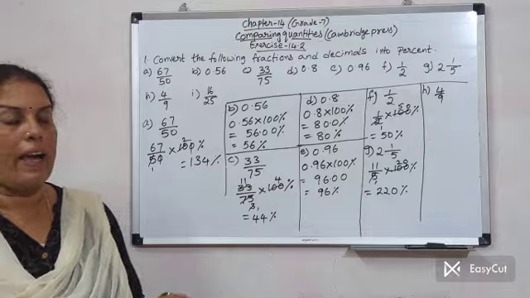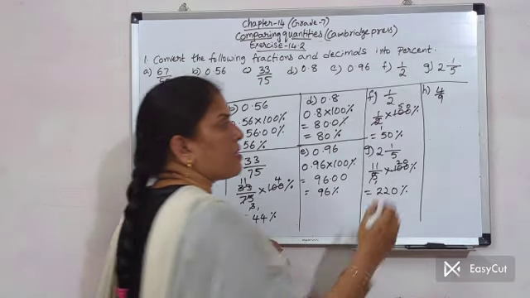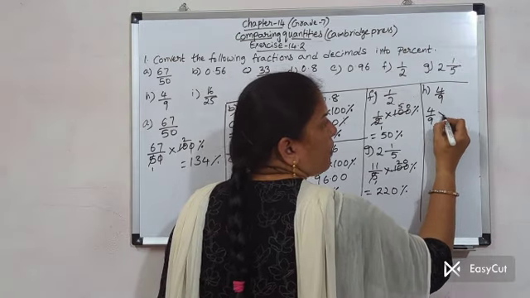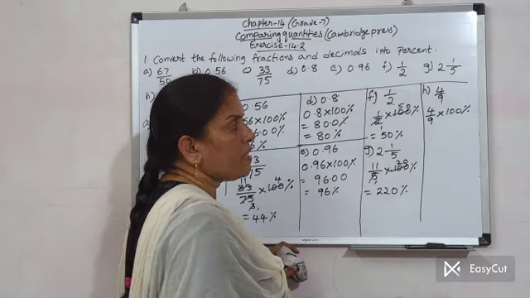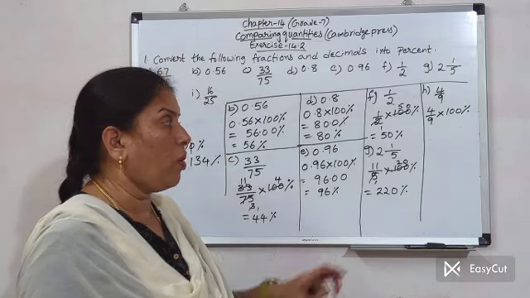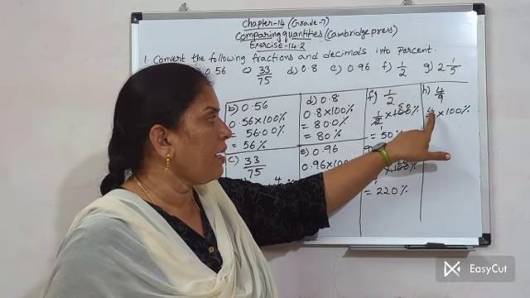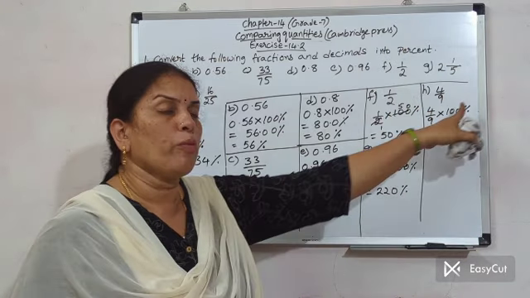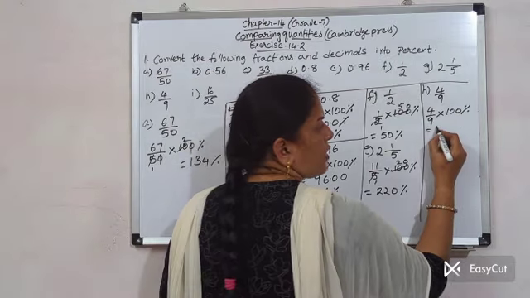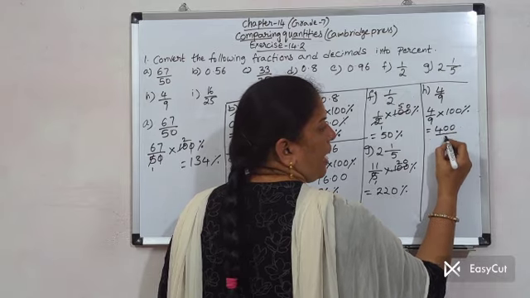4 by 9. Write down 4 by 9 as it is and multiply with 100%. Now, is there any number to cancel? No. 100 does not divide in the 3 table, and this also does not divide. So multiply the numerators. 4 into 100 is 400 by 9.